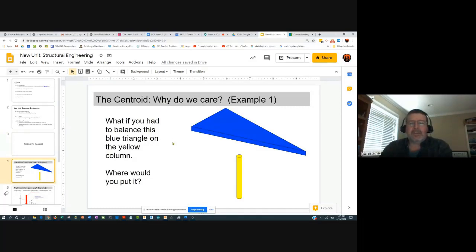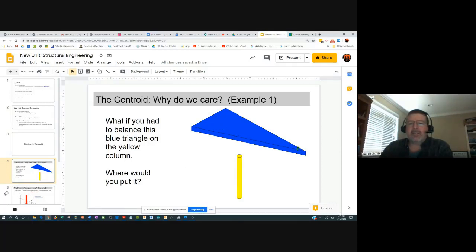Well, we'll define the Centroid in a minute, but just very briefly, what it is, it's a point on a 2-dimensional plate, if you will, and it's sort of the center of it. It'll coincide with the center of mass if it's of uniform density, but it's the center of it. So what if you had to balance this?